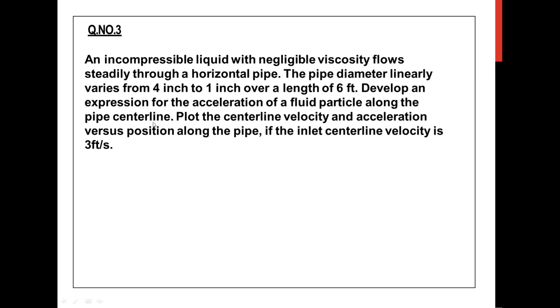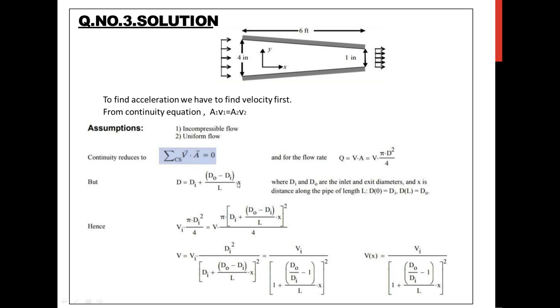To find that, we have to first find the expression for velocity along the pipe central line. For that, we can use the continuity equation. According to the continuity equation, we know that the flow rate of liquid through the pipeline is equal everywhere.